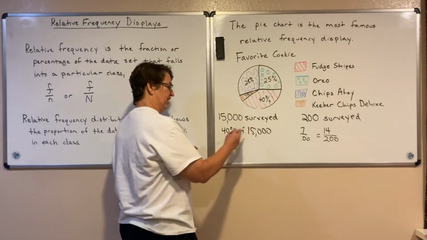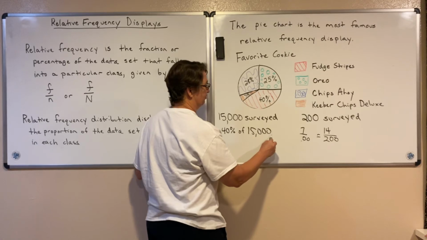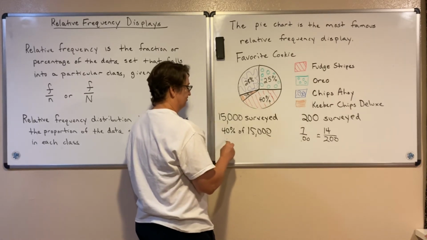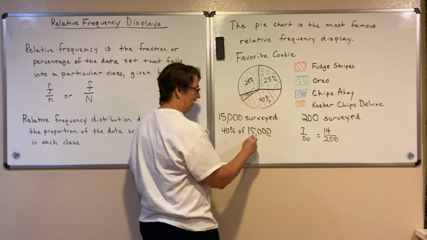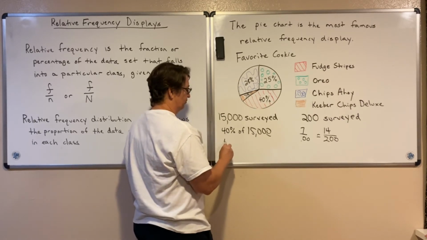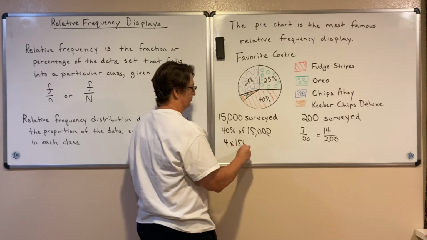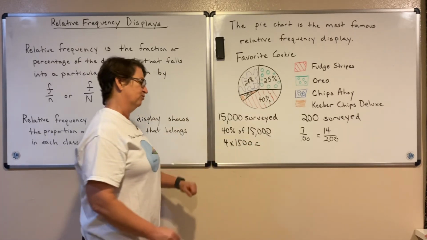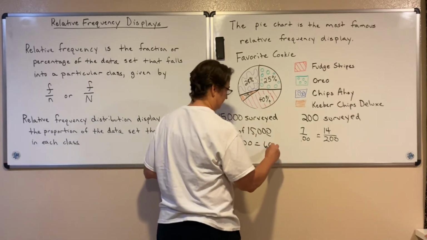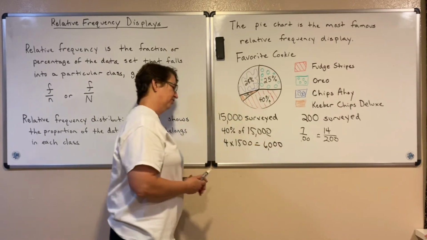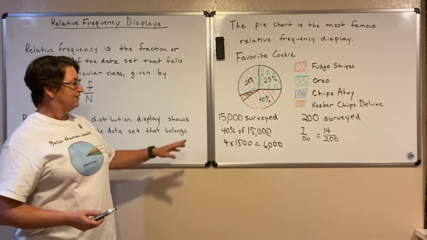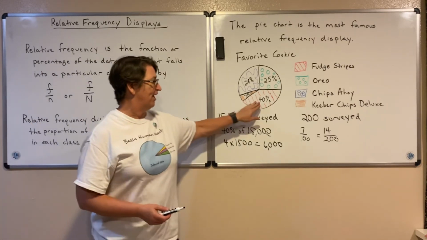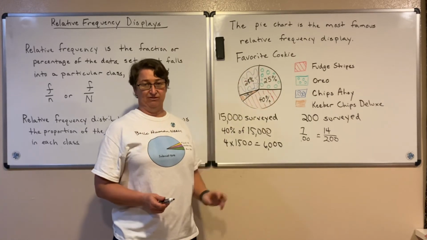So 40% of that, well, we know that 10% of that, you just move the decimal over one spot. So if 10% is 1,500, then we just do 4 times 1,500. 2 of those is 3,000, so 4 of them would be 6,000. You can check my math there to make sure. So that's how we find out. If we know our total number of people, then we can find out how many are in each piece.